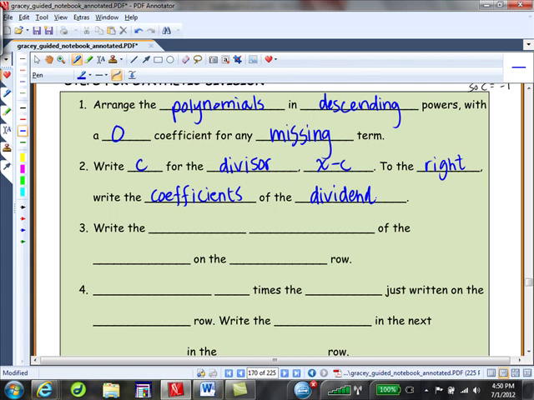I'll just do all the steps, and then we'll go through an example. Write the leading coefficient of the dividend on the bottom row.